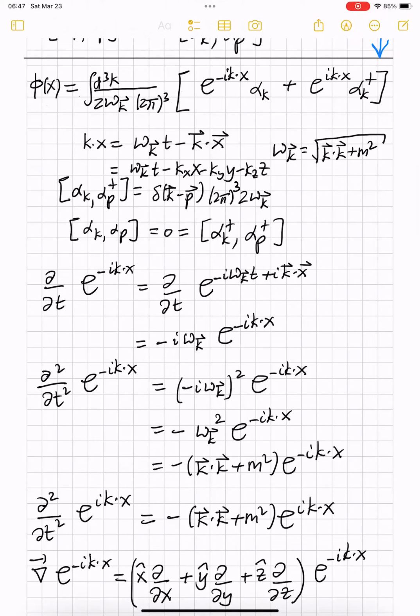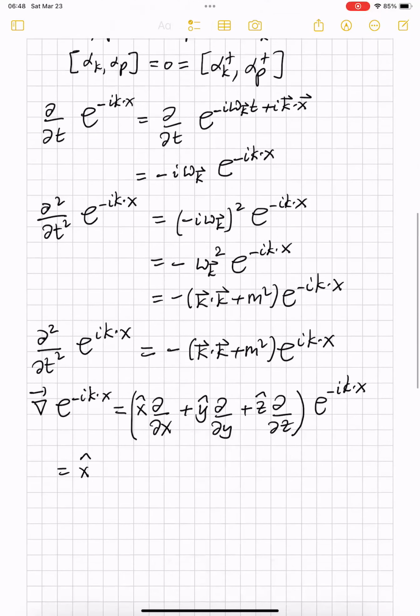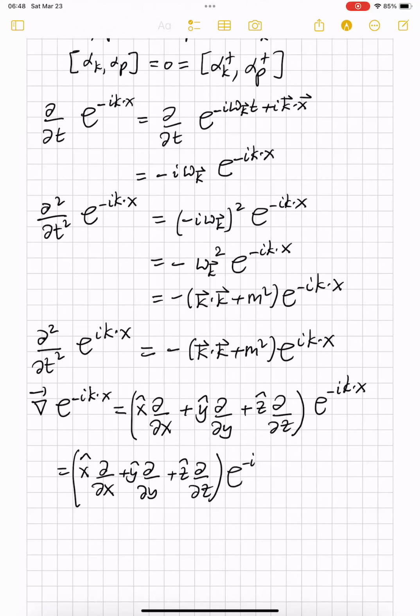So if I differentiate k dot x with respect to x, I'm just going to get the minus k_x. So taking the d/dx onto this exponential, well, okay, let's just be completely explicit, okay? This may be boring for some of you, but for some of you, it may be helpful. So let's just put it all out there.